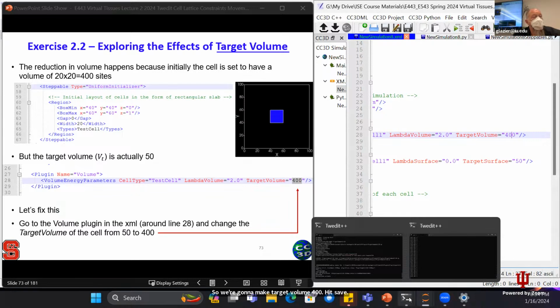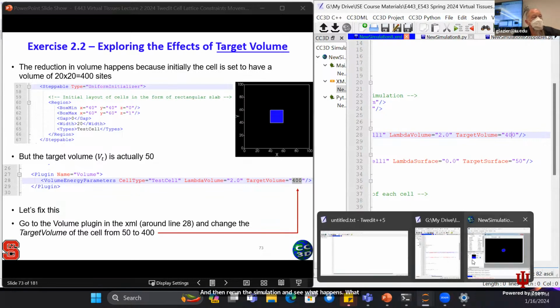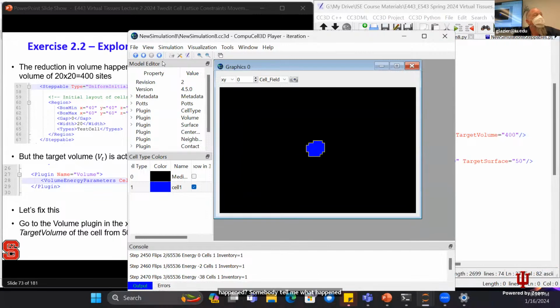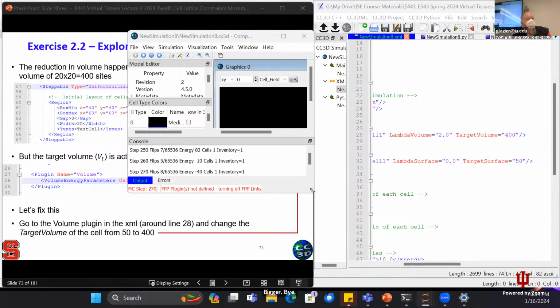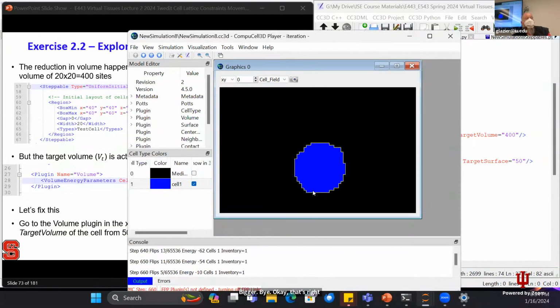What happened? Somebody tell me what happened. Before I do it, what's going to happen? Anybody? Or if you did it, what happened? Was the cell bigger, smaller, or the same as before? Bigger. Fine. Okay, that's right. Now I have a nice big round cell.